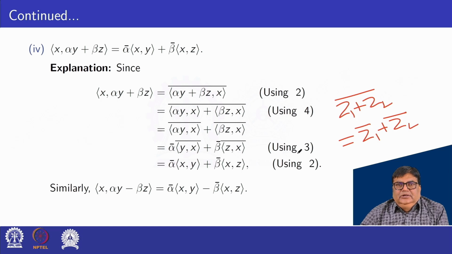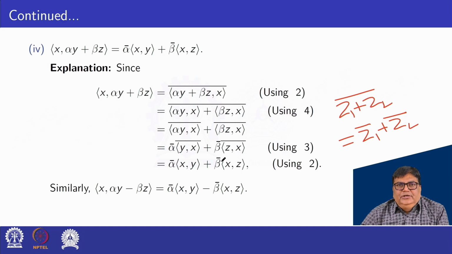Again applying property 3, inner product of alpha y, x can be written as alpha outside the inner product and whole conjugate complex, then alpha bar into conjugate complex of the inner product of yx. Similarly, this one, beta bar into conjugate complex of the inner product of zx.